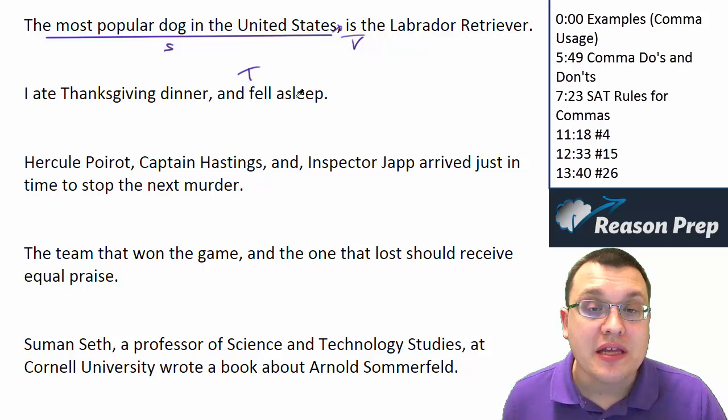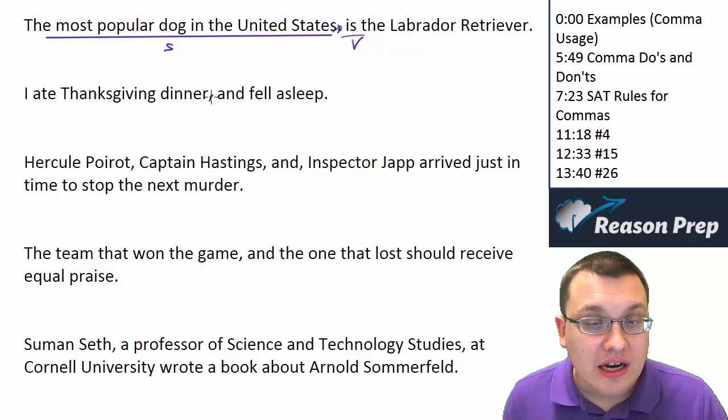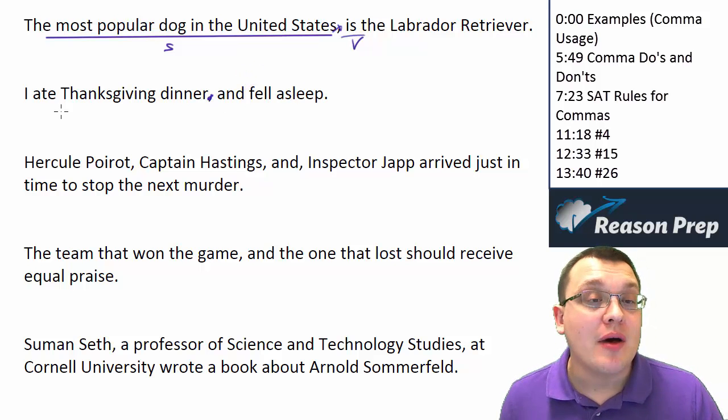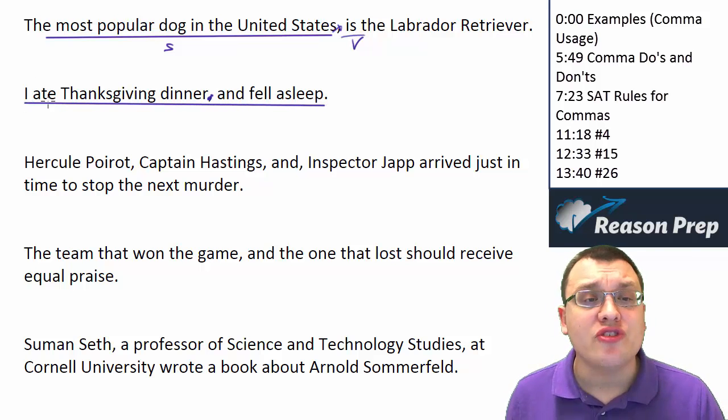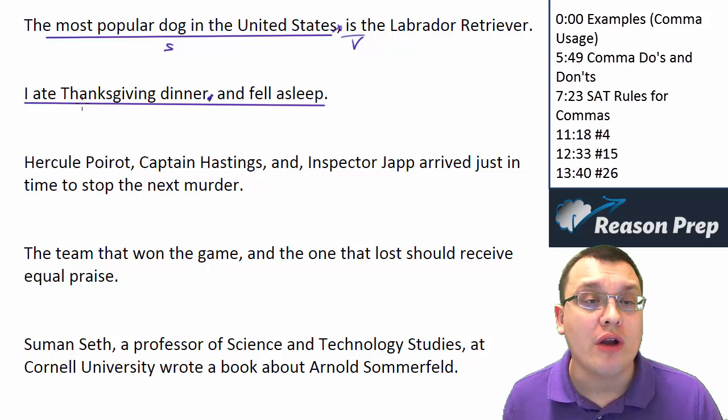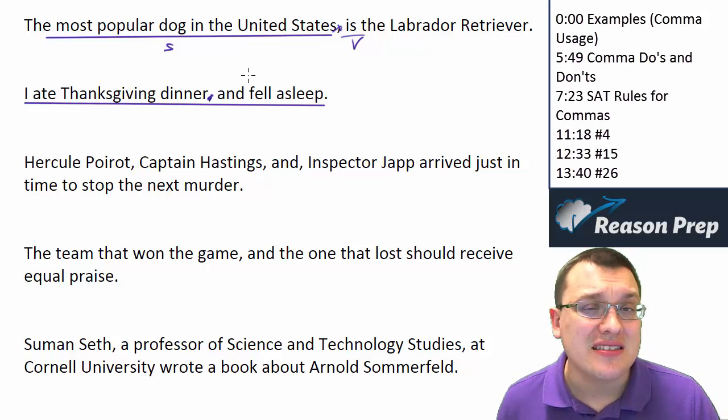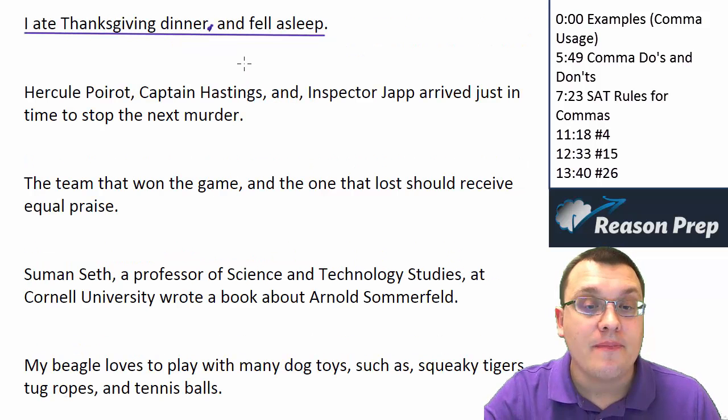If you didn't want to repeat the I because it was redundant and kind of wordy, you can get rid of the comma and then you have, remember that fancy phrase, compound predicate, but basically two actions combined into one, right? I ate Thanksgiving dinner and fell asleep, no problem. So either get rid of the comma, probably the better option, or if you want to keep the comma, you've got to add a subject into that second sentence.